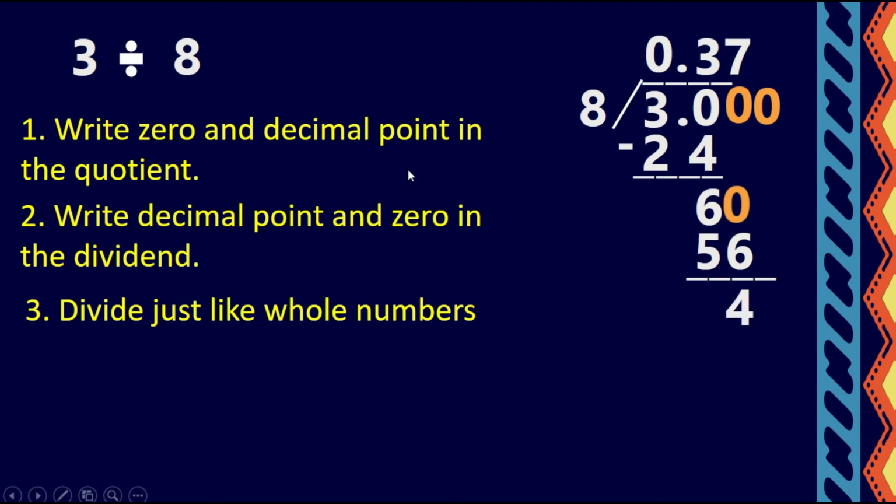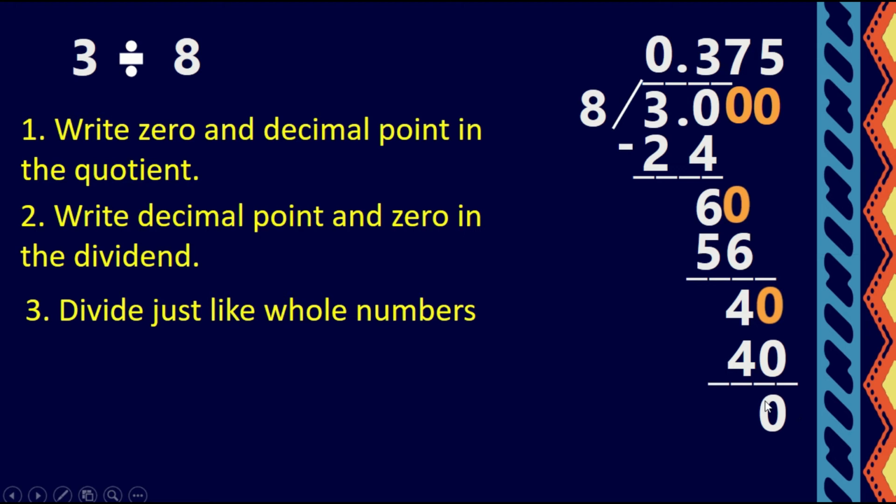But since 4 is not yet 0, you're going to add another 0. Just remember, you will add as many zeros as you need. So you bring down the 0. 40 divided by 8, we have 5. 5 times 8, we have 40. 40 minus 40, we have 0.